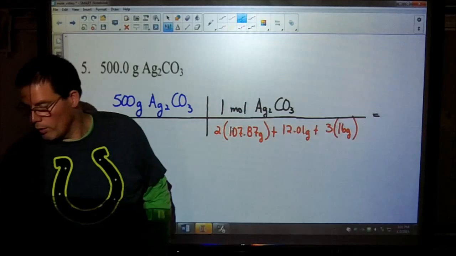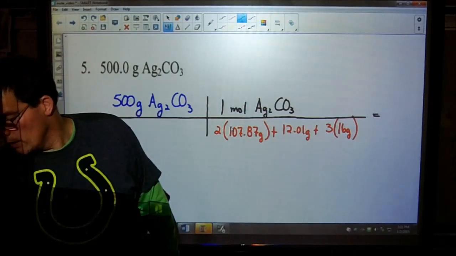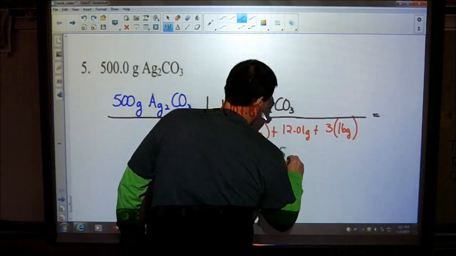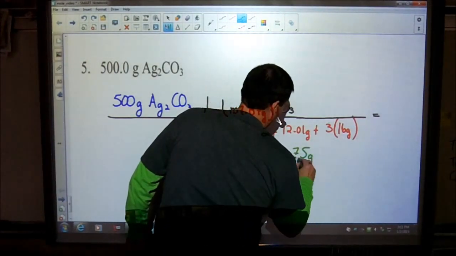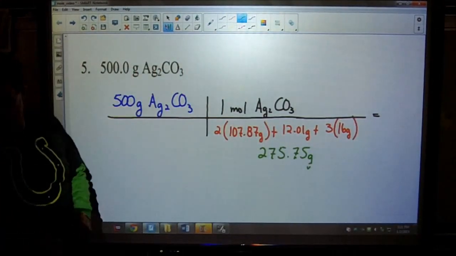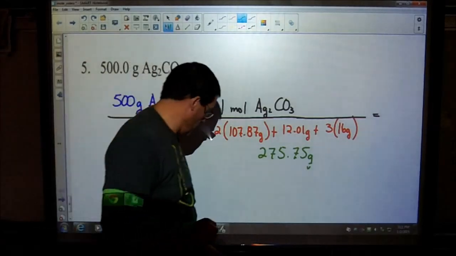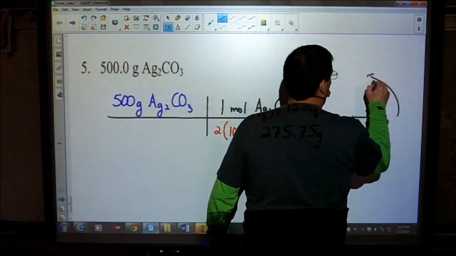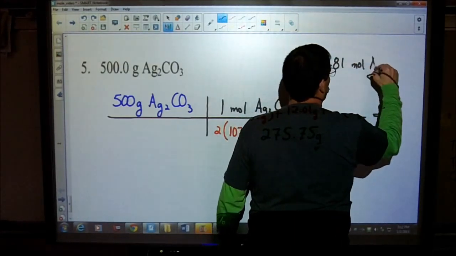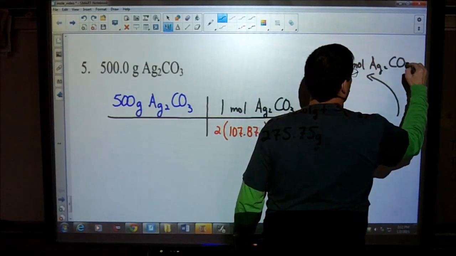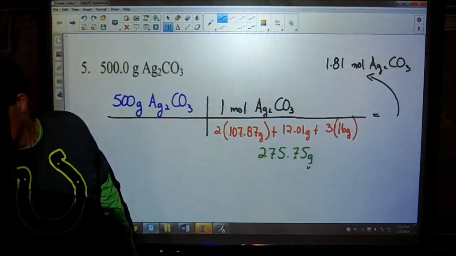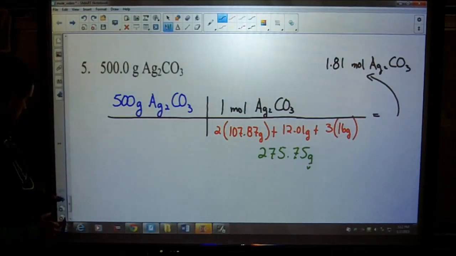And the molar mass for silver carbonate is 275.75 grams. And when I take 500 divided by 275.75, I get 1.81 moles of silver carbonate. All right.